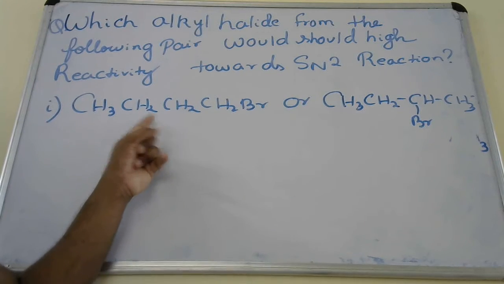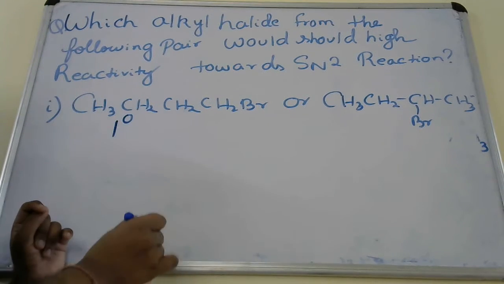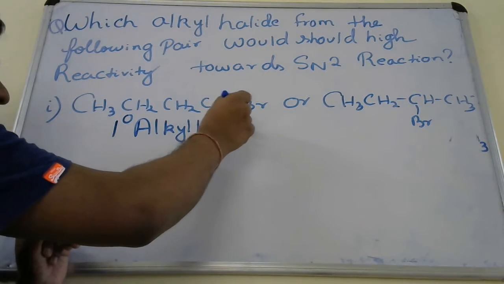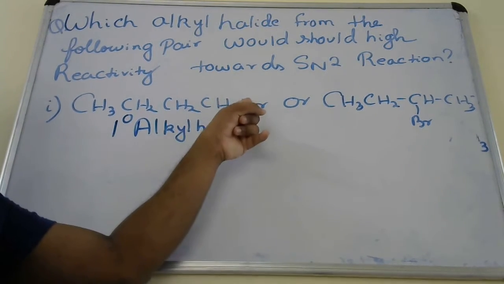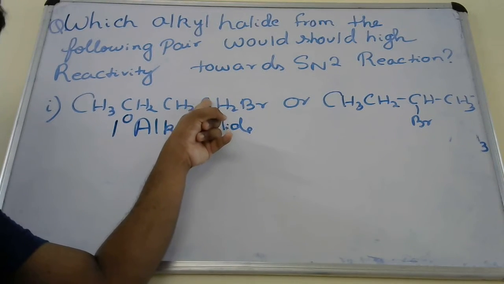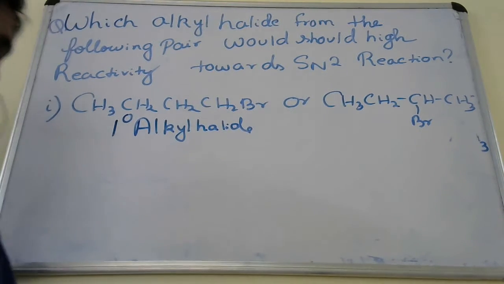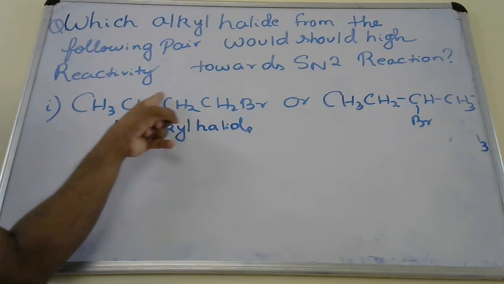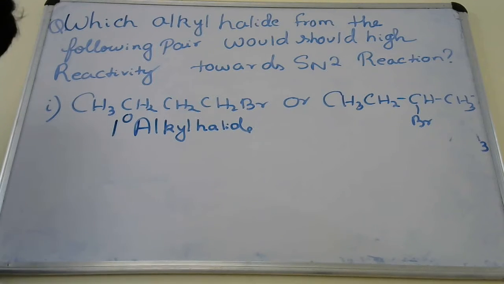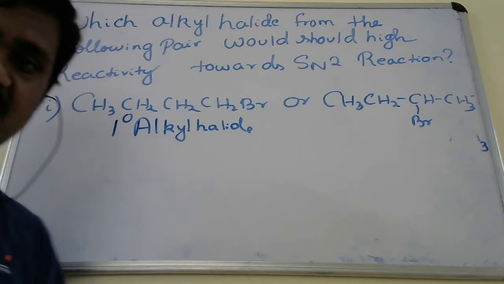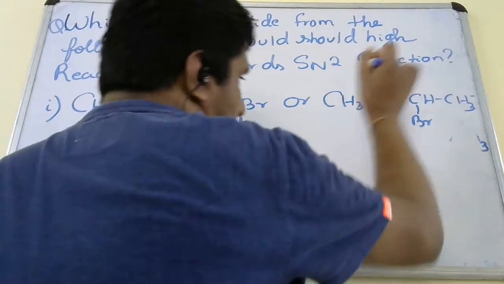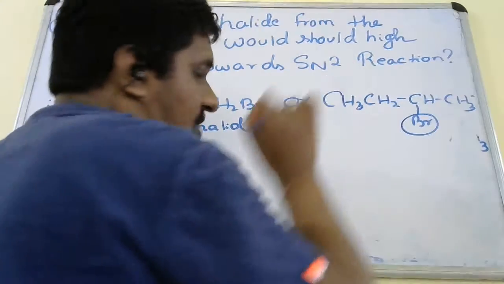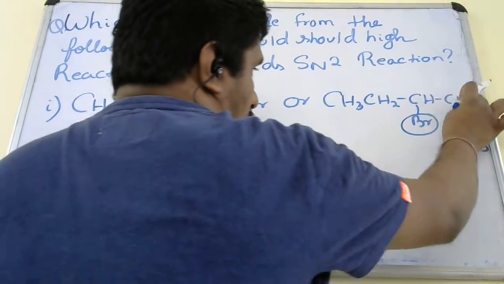This is a primary alkyl halide, or 1 degree alkyl halide, because the halogen is attached to a carbon that is bonded to a single carbon. Coming to the second one, here the halogen is bonded to a carbon which is bonded to two different carbons.